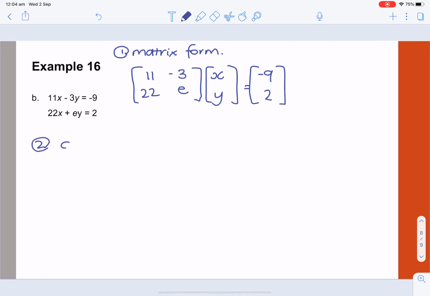Step 2, find the determinant. And the determinant is equal to AD minus BC, which is 11 times e minus negative 3 times 22.